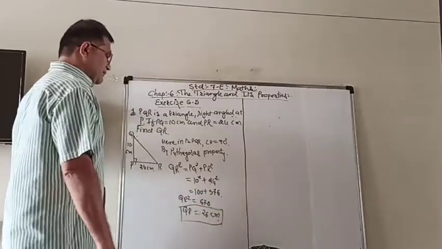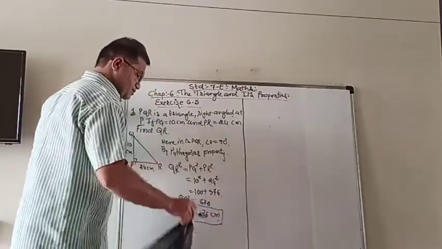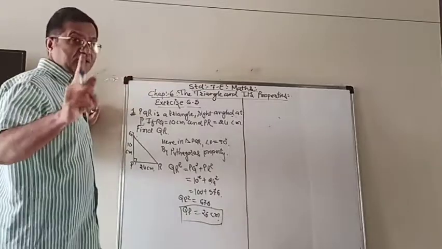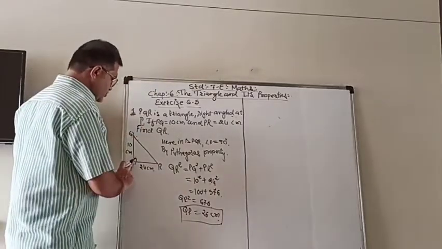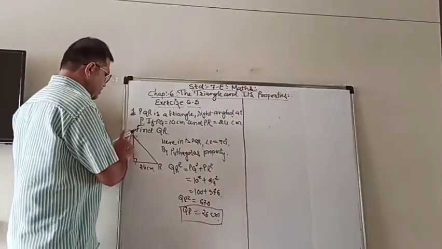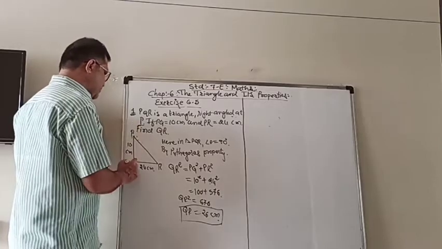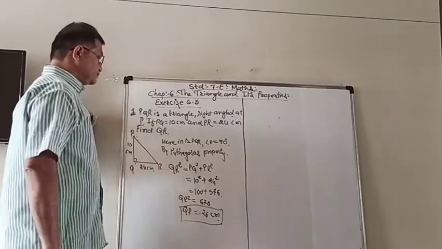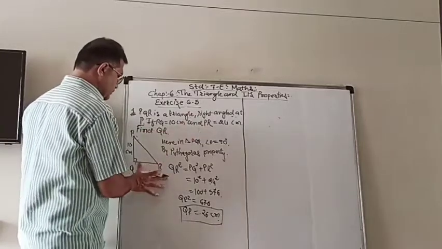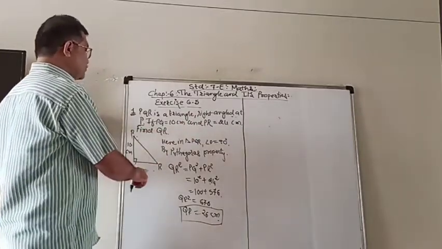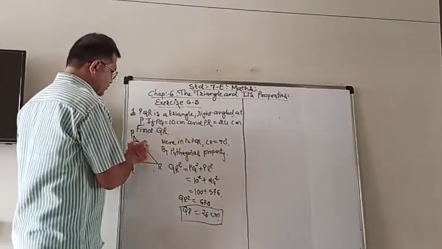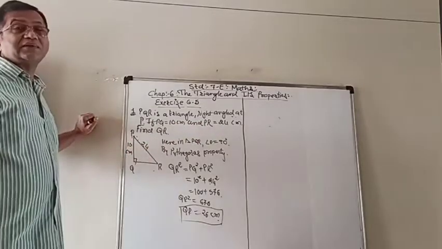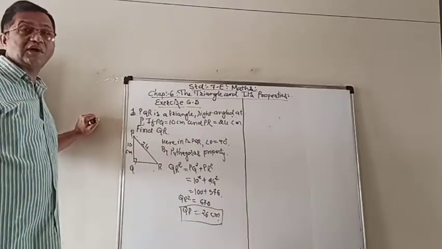By Pythagoras property, but if you make a mistake, let me show you. If you make a mistake in the triangle PQR naming, and QR we have to find and PR is equal to 24, then you will never get your answer.